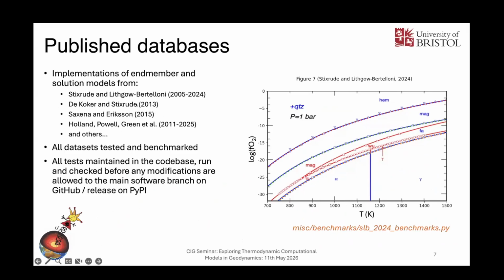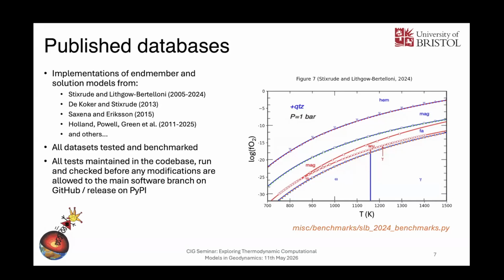There's Saxena and Eriksson if you particularly fancy looking at sulfides, which are particularly difficult phases to model. And then the Holland, Powell, Green et al. databases from at least 2011 to 2025. And there are many others, and most of these are added either by me or other people who have used BurnMan over the last few years or so.